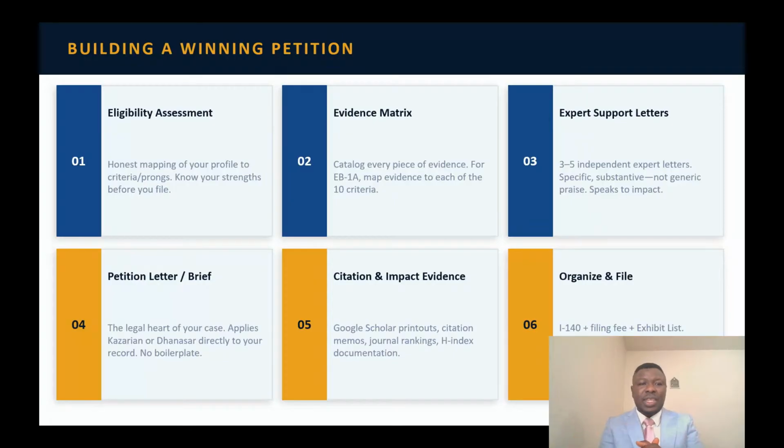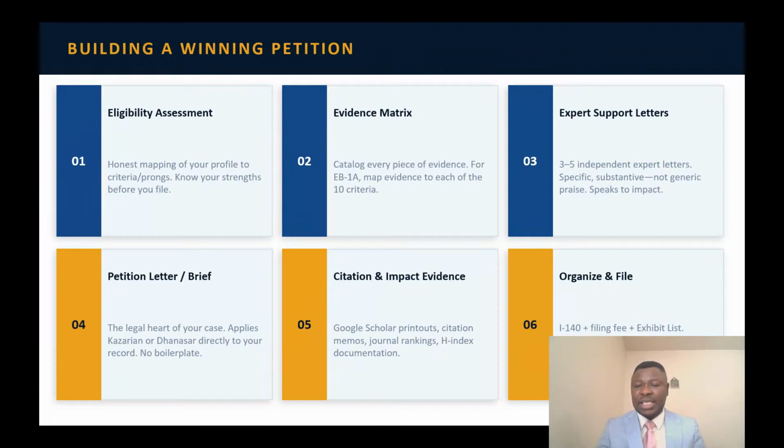Now, the next thing is citation and impact evidence: Google Scholar printouts, citation memos, journal rankings, H-index documentation. And then you need to organize and file: the I-140 plus filing fee and exhibit list.